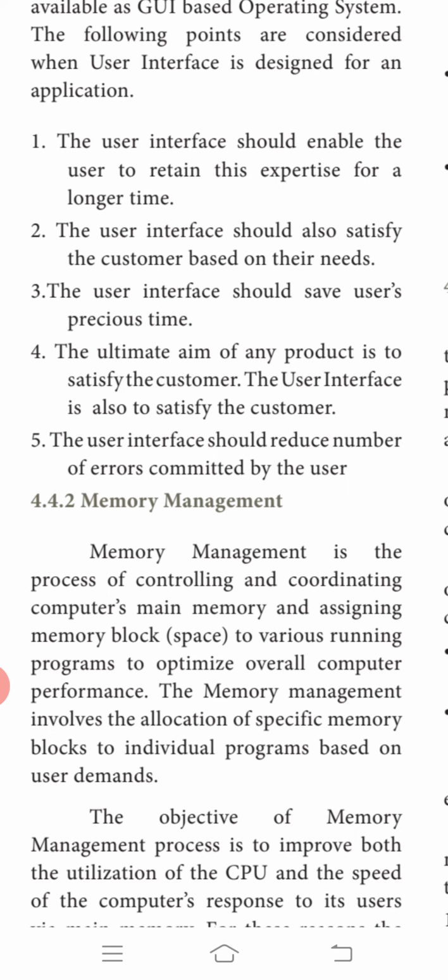The aim of the user interface is to satisfy the customer, and that is also the aim of any product. A user interface based product is, for example, a remote control. That is how we control a device using a remote control. It satisfies the customer's needs.